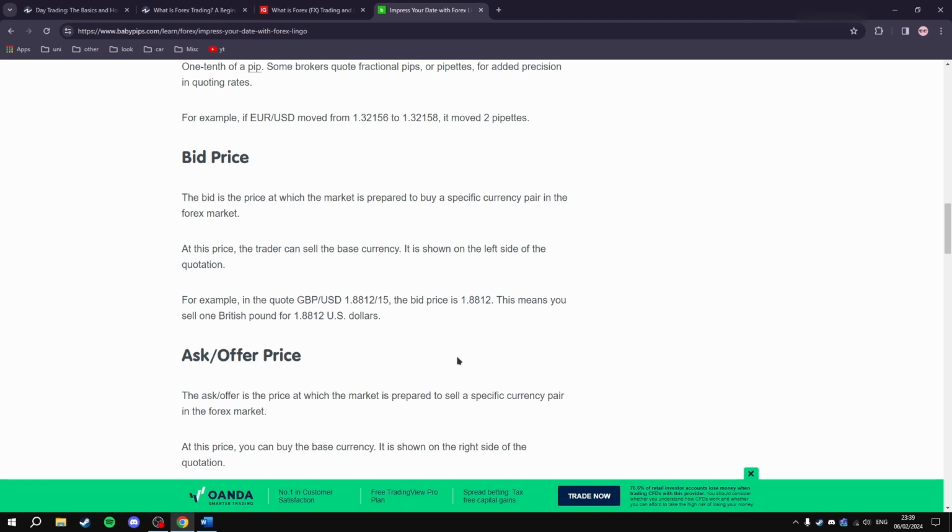This means you sell £1 for 1.8812 USD. Right, okay, yeah. I just don't see where that 15 came from.